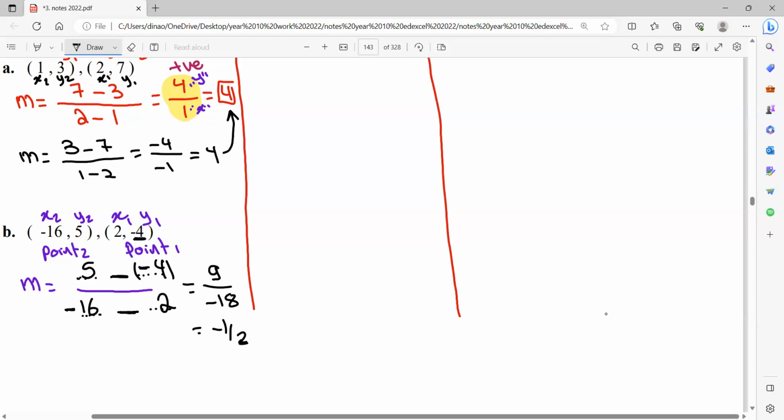Now let's see if I want to sketch this line. Since the gradient is negative, this line is going down. Miss, where do we put the negative, with the 1 or with the 2? It won't matter. Okay? If I want to put it with the 1, it means I will go down 1 and then I will go 2 to the right.